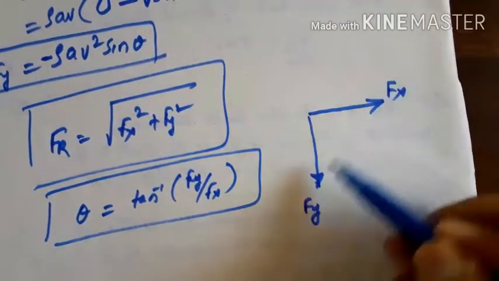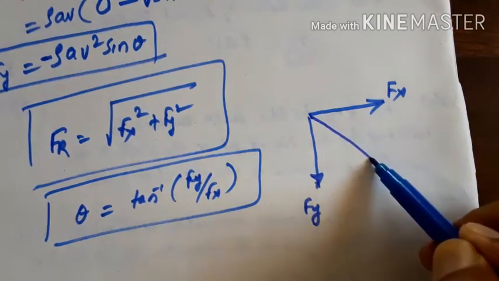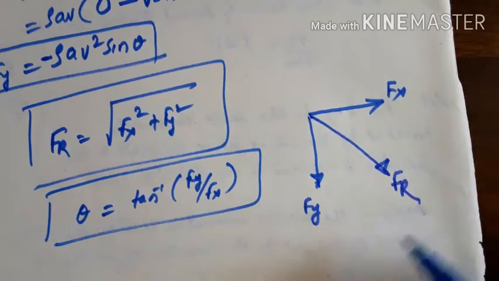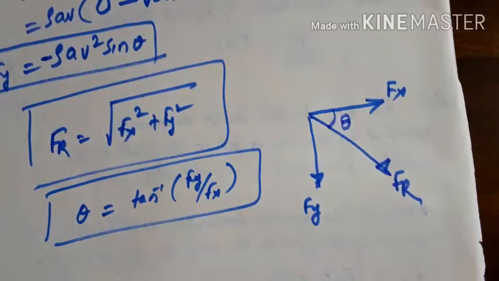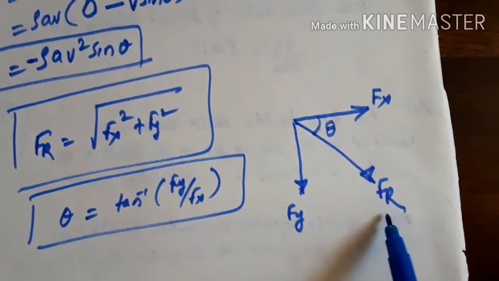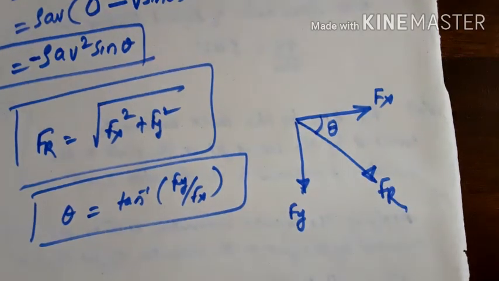The resultant of these two is F, and this is the angle theta. This is the final representation of the force, the resultant of the jet acting. I hope you understood this.